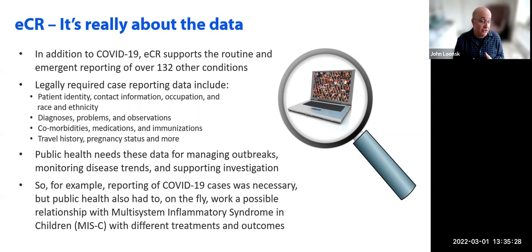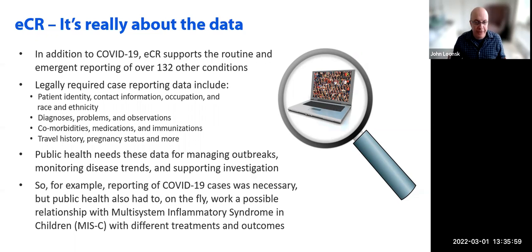An example is the patient contact information, their occupation, race and ethnicity, the diagnoses, the comorbidities, the medications and immunizations, the travel history. This is much more than a lab result. This is about a summary of that patient, and not only as it relates to the immediate problem at hand, but also to try to provide information for ancillary public health surveillance that occurs.